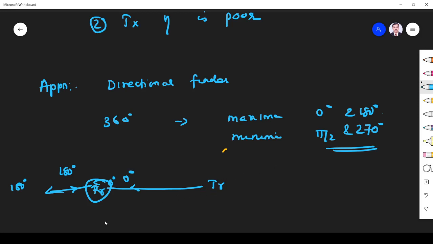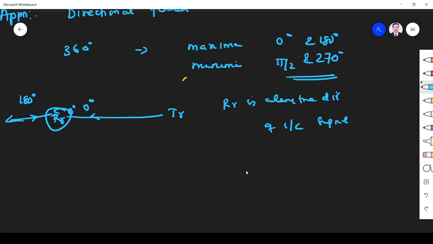So when the receiver is along the direction of the incoming signal, maximum is heard. That is 0 degree or 180 degree.